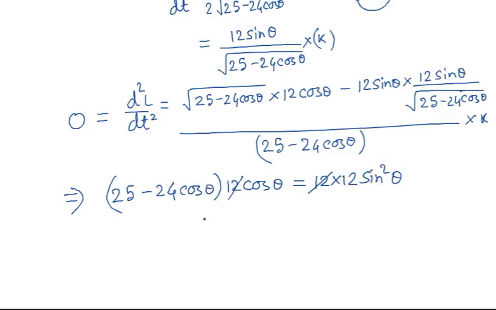So this 12 is getting cancelled out and we are getting an equation that is 25 cos theta minus 24 cos square theta equal to 12 minus 12 cos square theta.